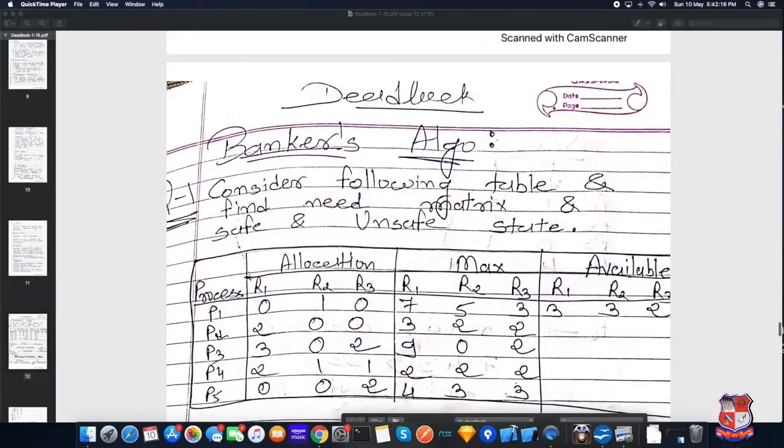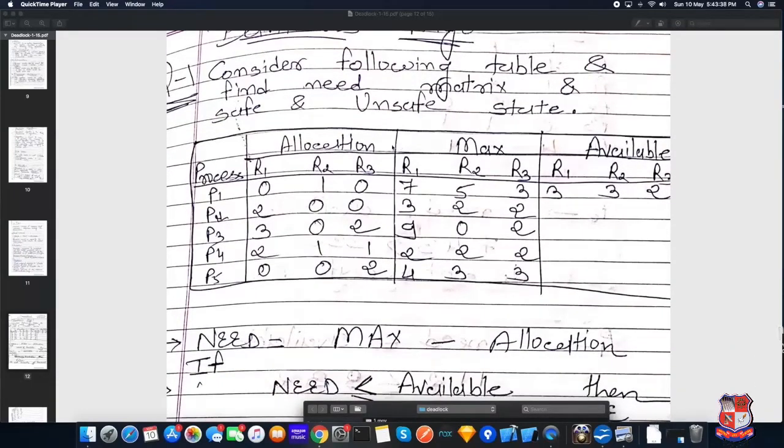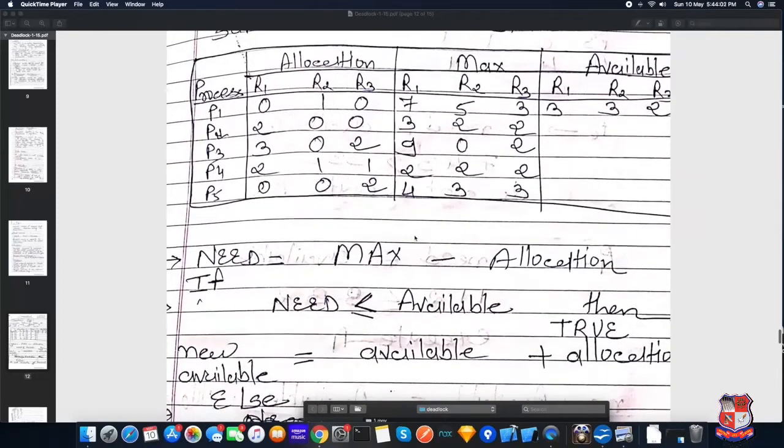Now we can start deadlock avoidance with the banker's algorithm with an example. In the question, there are five processes, P1, P2, P3 up to P5, with the allocation value of the resources for each particular process, the max value of the resources for that process, and the available value of the resources.